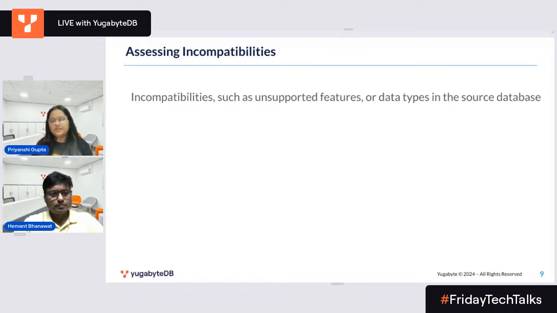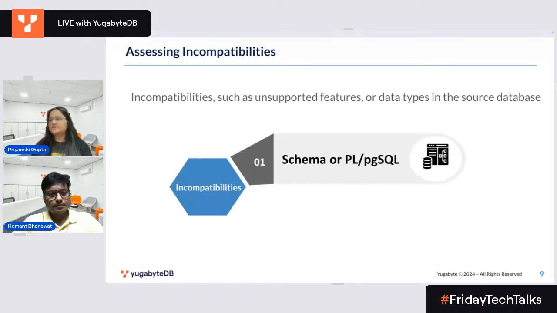Assessing incompatibility means understanding all the features or data types which are present in the source database and are not compatible with the target database. Assessment provides all the detailed information about these incompatibilities. There are various types of incompatibilities. One of them is schema or PLPG incompatibility.